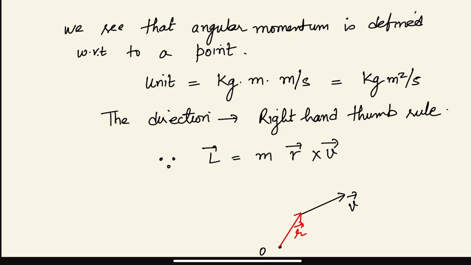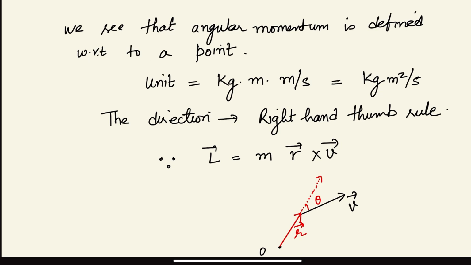I'll extend my radius vector so that both the velocity vector and radius vector start from a common point.